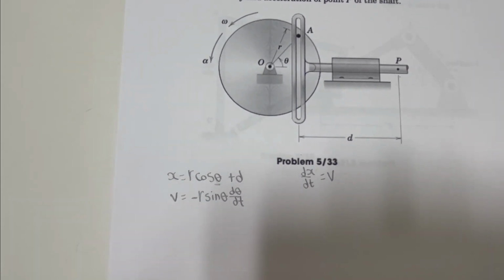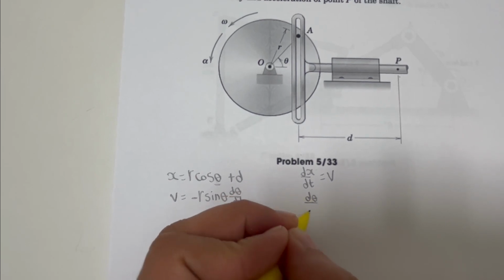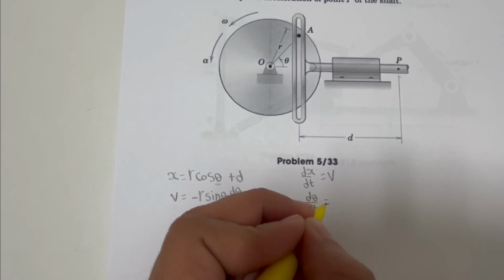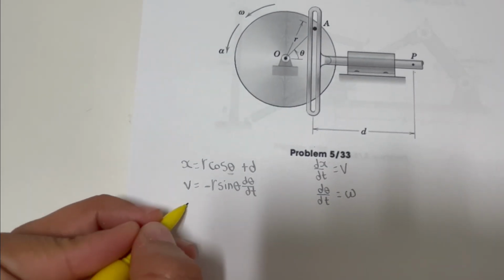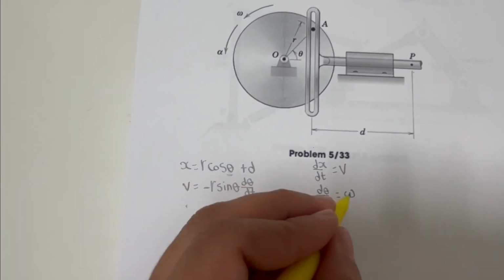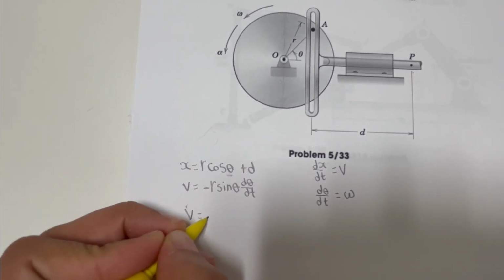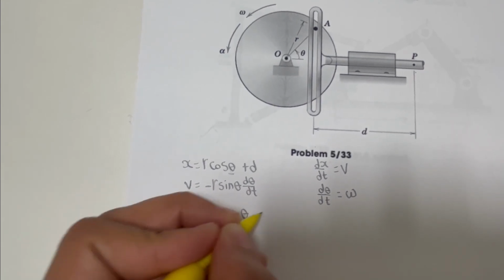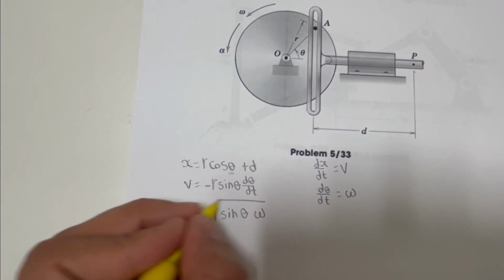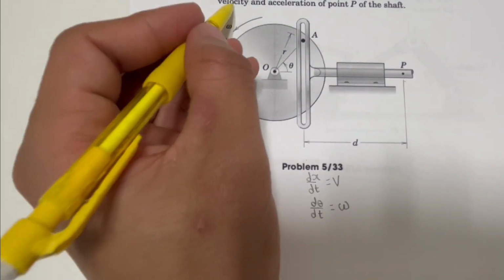Also, d theta/dt equals omega. So we move d theta/dt out as omega, so v equals negative r sine theta omega. That is the first thing it wants us to get: determine the velocity.